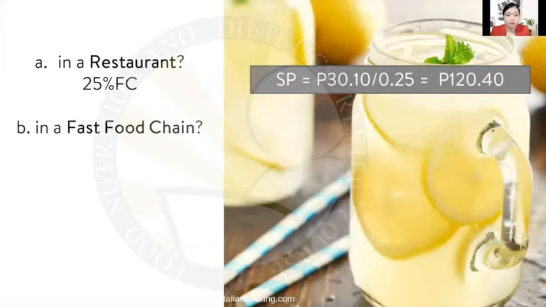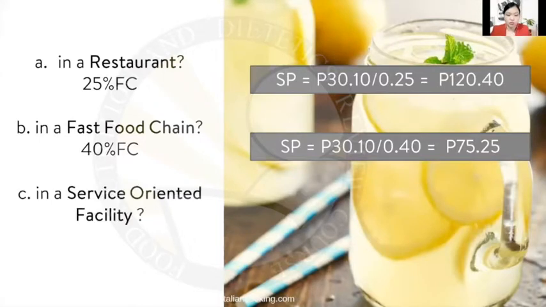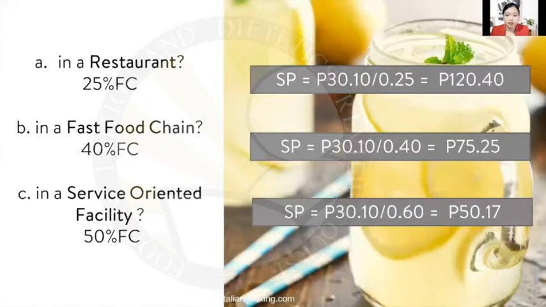For a fast food chain with 40% food cost, that is 30.10 divided by 0.40, giving us 75.25 pesos. And in a service-oriented facility, that is 30.10 divided by 0.60, giving us 50.17 pesos.